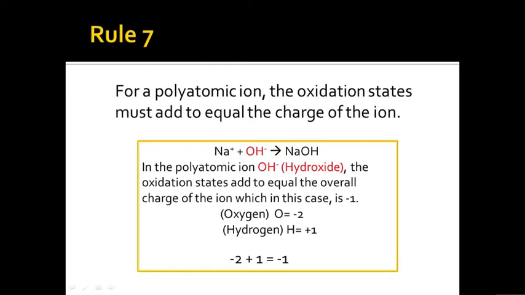Oxygen receives an oxidation number of -2 because it is within a covalent compound, which is stated in Rule 4. Hydrogen receives an oxidation number of +1 because it is in a covalent compound as seen in Rule 5. Oxygen's -2 and hydrogen's +1 add to equal -1, which is the charge of this ion.